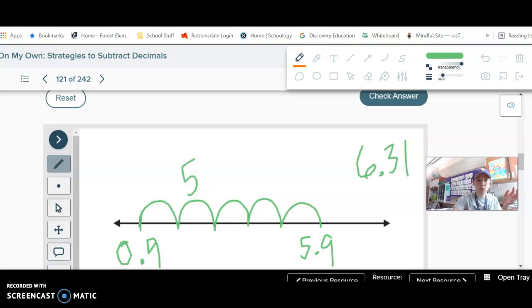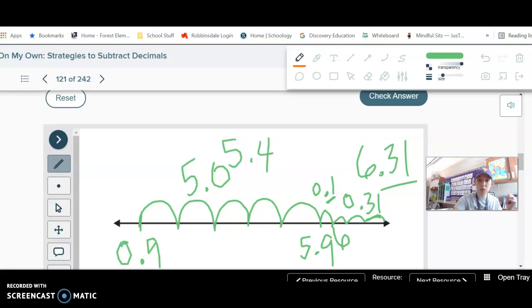So that was 5 wholes. If I add 1/10, then I'm going to get to 6. And then I just need 31 hundredths more. So this tenth plus that is 41. So then I'd get 5 and 41 hundredths.